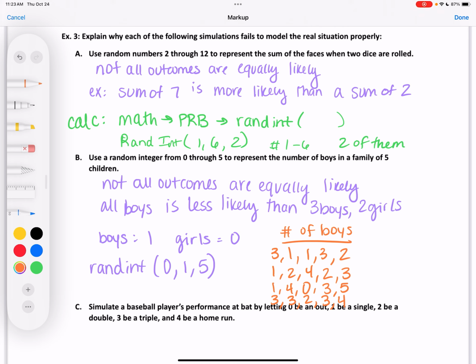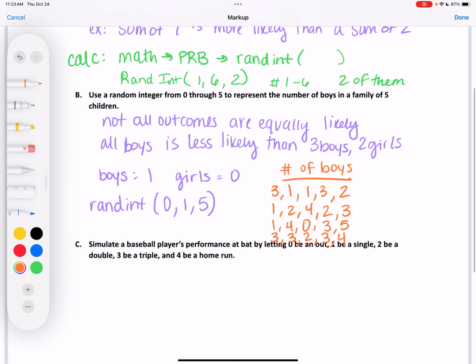All right, so now I'm going to do an analysis of how many times I got each. So 0, 1, 2, 3, 4, and 5.